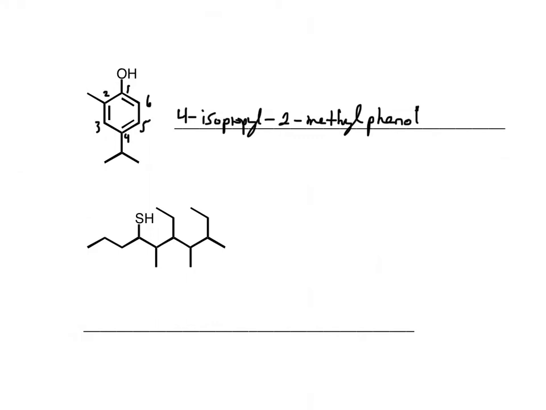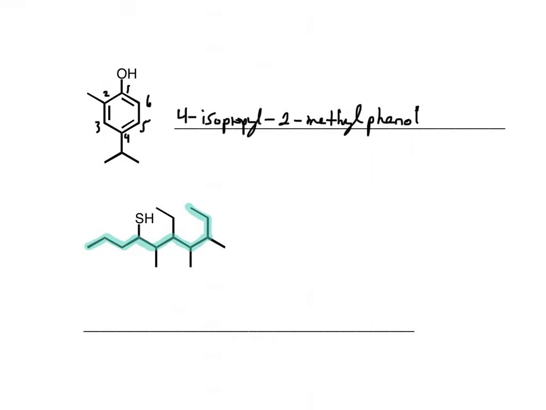Alright, pretty straightforward. Oh, now we have a thiol. The longest chain, oh, this one's got a little bit of a trick in it, so let's highlight that longest chain. Here, here, here, here. So tempting to go straight across. Everyone wants to do it, but don't. Make sure you pay attention.